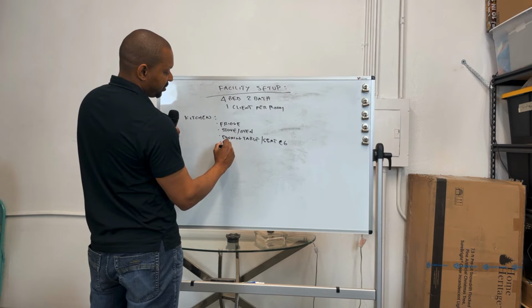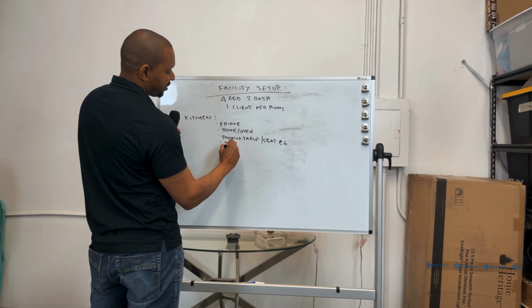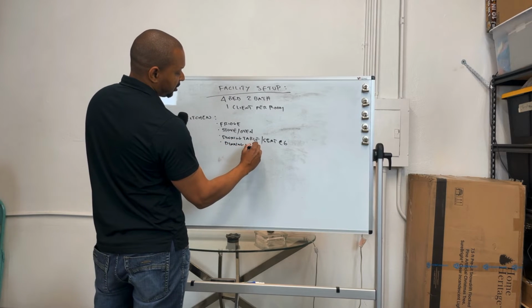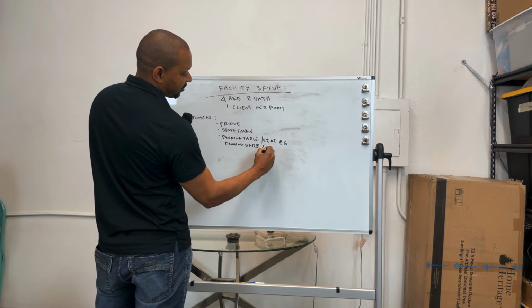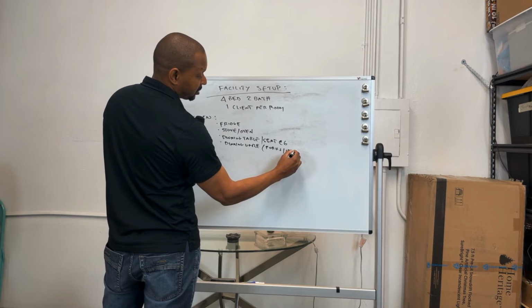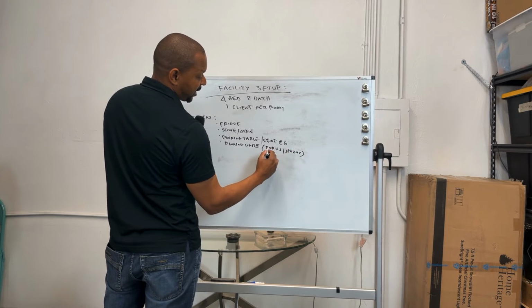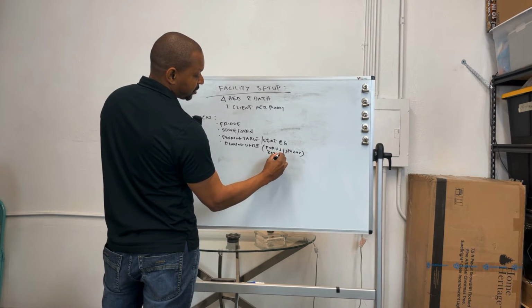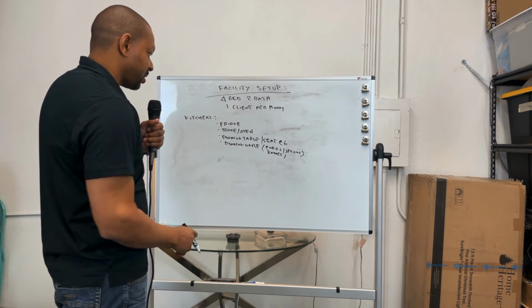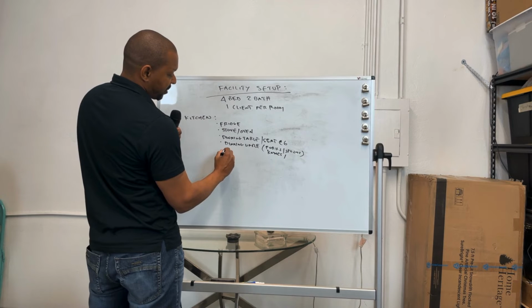You need dining ware. When I say that, I'm talking about forks, spoons, knives, etc. You get what I'm getting at. You need to have all that. You need to have pots and pans.